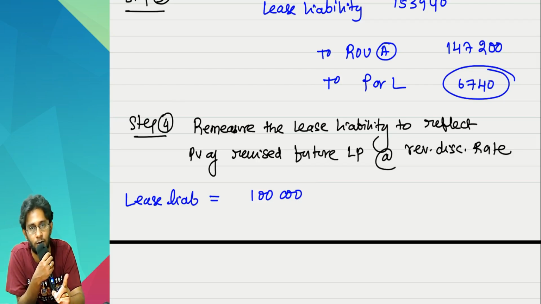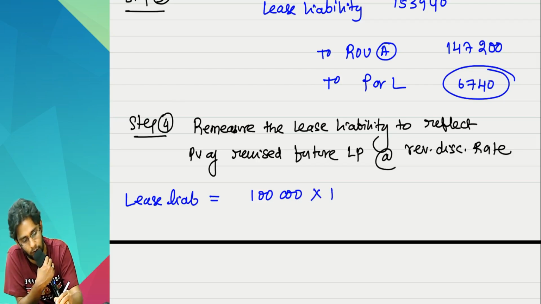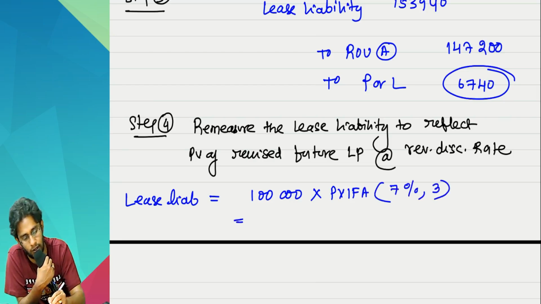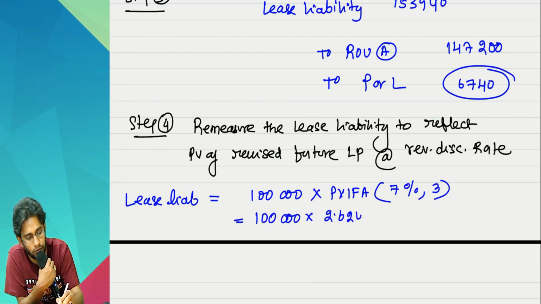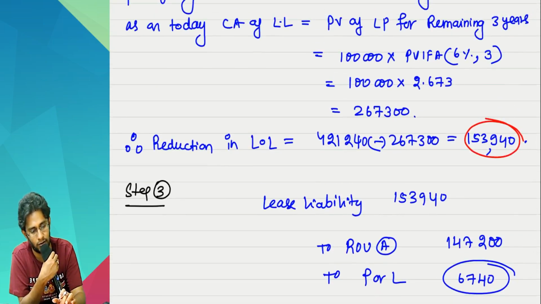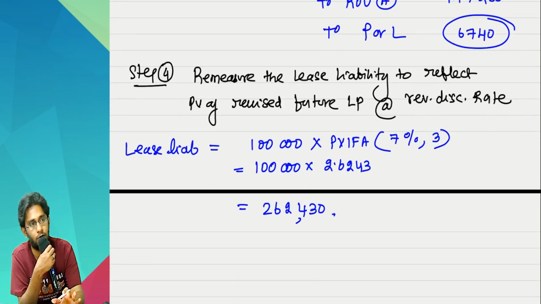The 50 is for the increase in scope, leave it. 1 lakh into PVIFA 7%. For how many more years? 3 years only. 2.6243, 262,430.